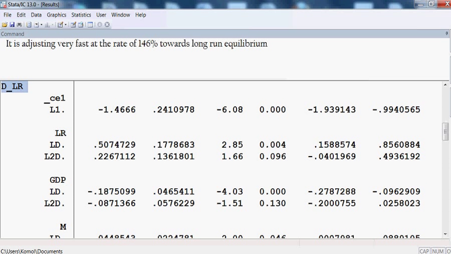That means I can use it here as the short run effect from GDP to LR, right? Okay, so how to check the short run effect?